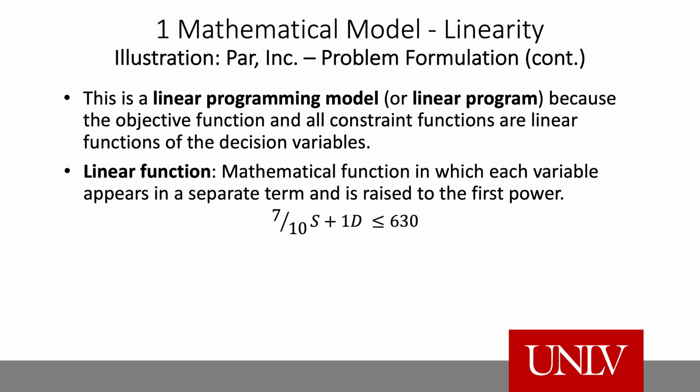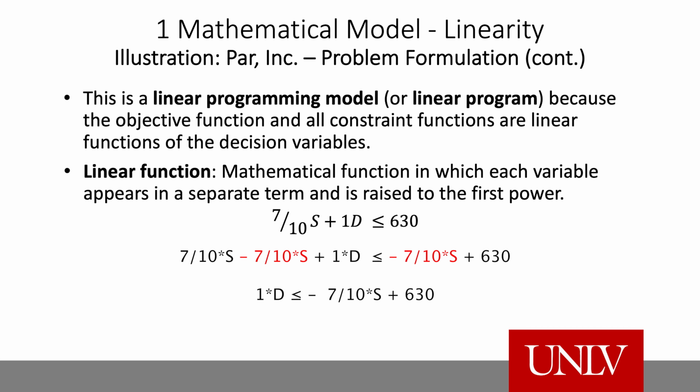So let's look at one of the constraints, which is for cutting and dyeing. We know that the constraint for cutting and dyeing is 7/10 S plus 1D less than or equal to 630. We can write this as D equals minus 10/7 S plus 630.